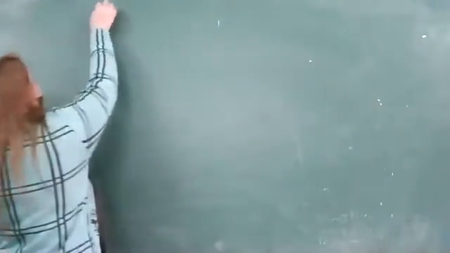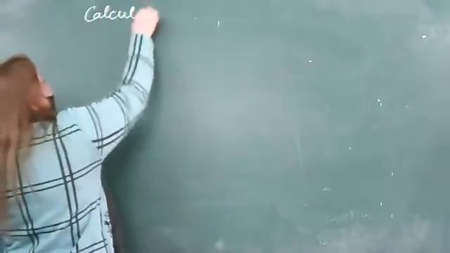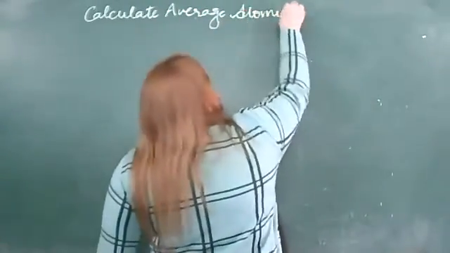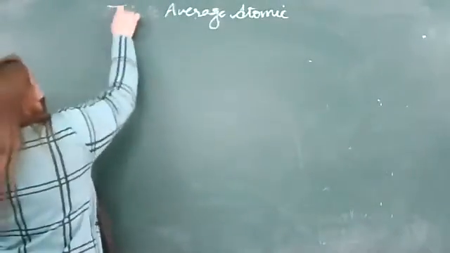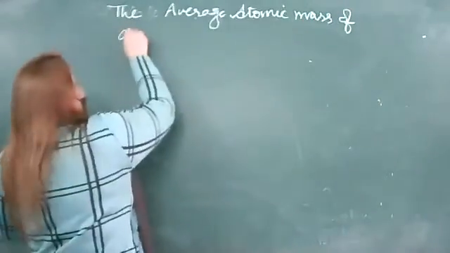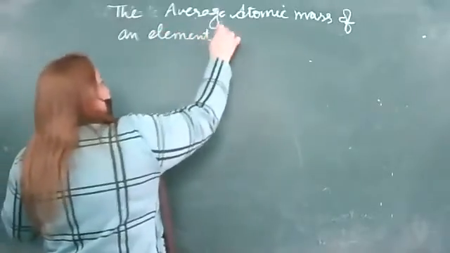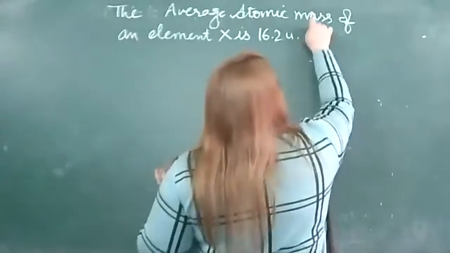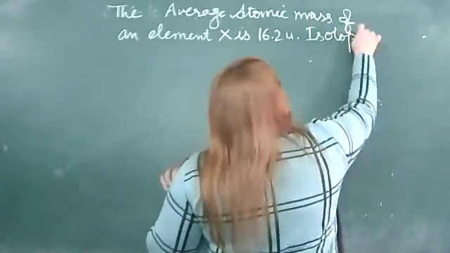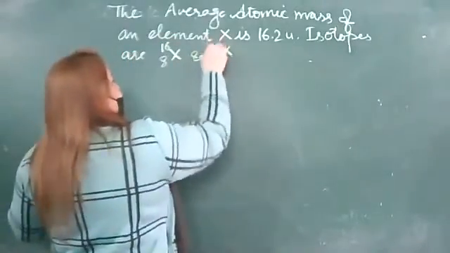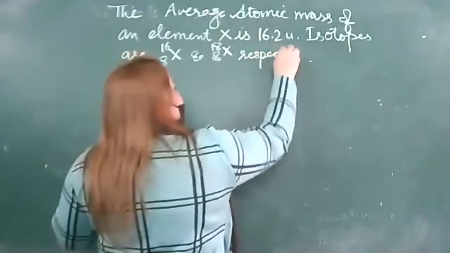Right. If we have to calculate the average atomic mass of an element: the average atomic mass of an element X is 16.2 U. Isotopes are 8X16 and 8X18 respectively.